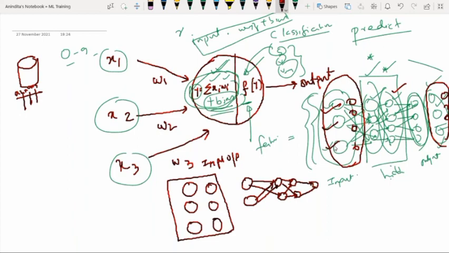So multiple layering is possible in the hidden section. However, it is not possible for the input and output sections. There will be only one layer in the input section and only one layer in the output section. So you have to keep this in mind, right? This is the most important thing.